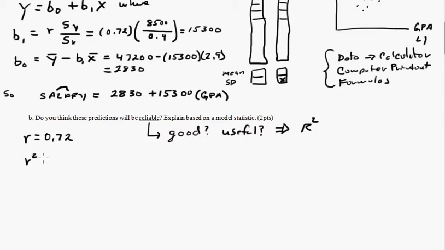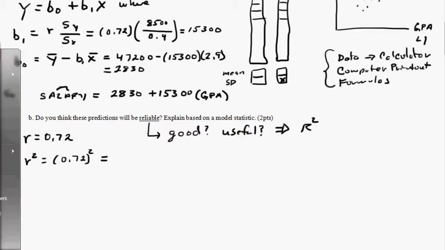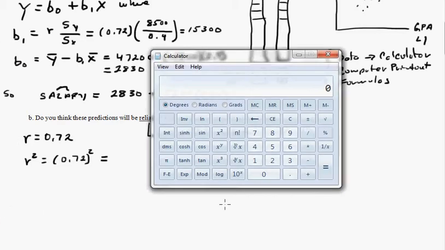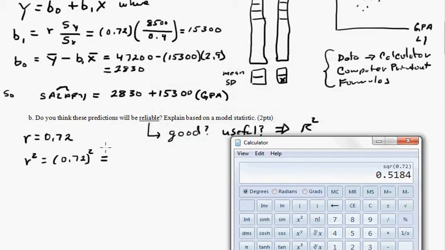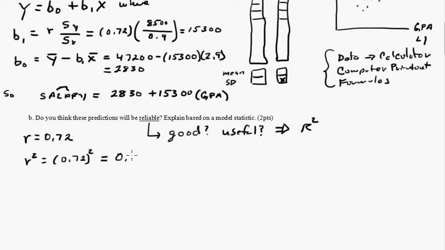So R squared would be 0.72 squared. Let's do it real quick: 0.5184. A lot of people just rounded to 0.52, and that was fine.